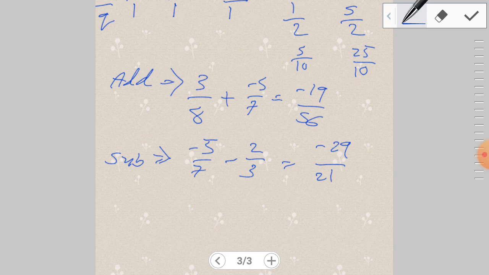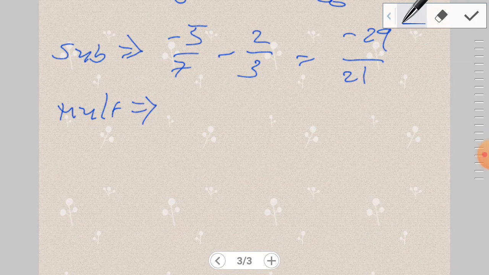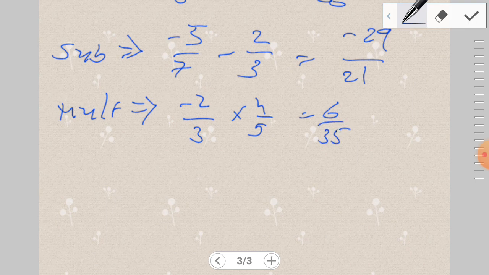Then for multiplication. In multiplication also, minus 2 upon 3 times 4 upon 5 becomes minus 8 upon 15.